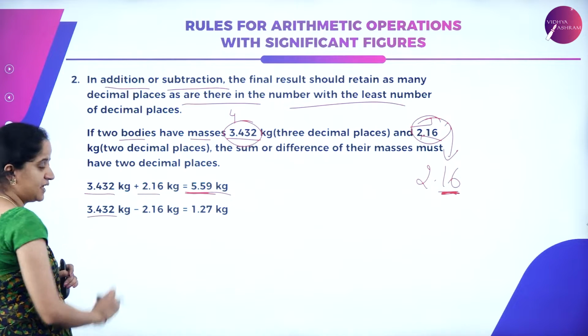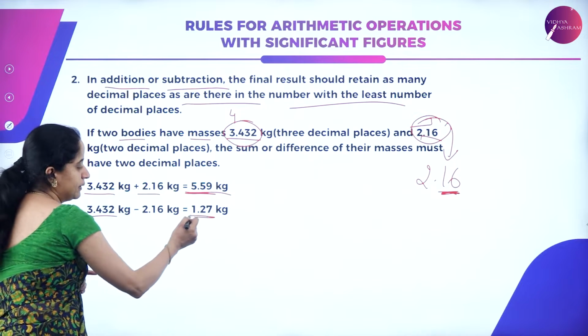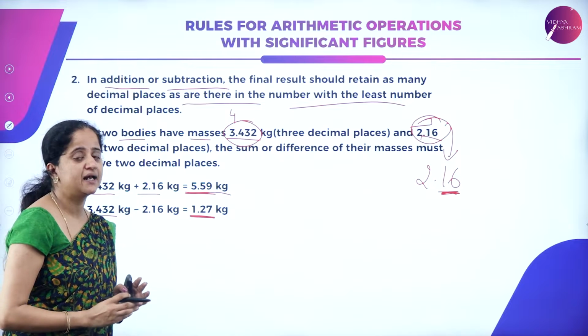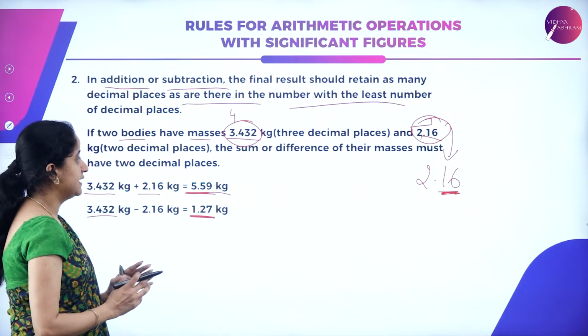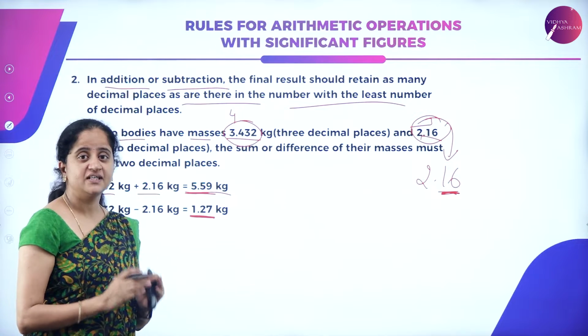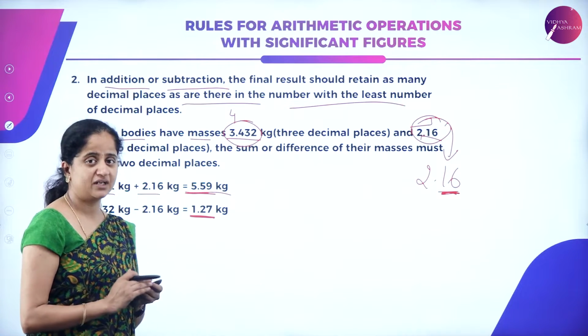Here, while subtracting 3.432 minus 2.16, we have retained only 1.27 because the final result should retain as many decimal places as there with the least number of decimal places in the given number. So these are the rules to be followed for arithmetic operations with significant figures.